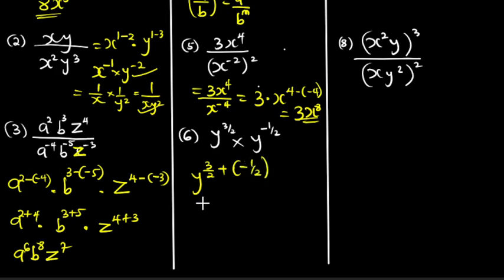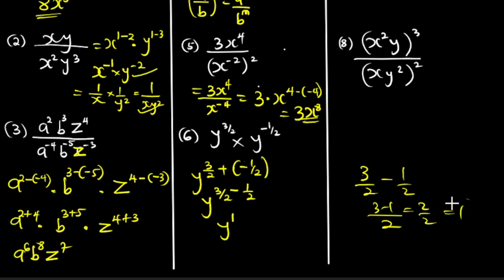At the end of the day it is still going to be 3 over 2 minus 1 over 2. So this is y to the power of 3 minus 1 over 2, which is 2 over 2, which is 1. That is to say, 3 over 2 minus 1 over 2: the denominator is the same, 2. 3 minus 1, 2 over 2, which is 1. So the answer here is y raised to the power 1, or simply y.